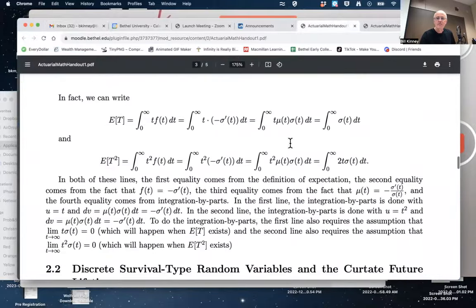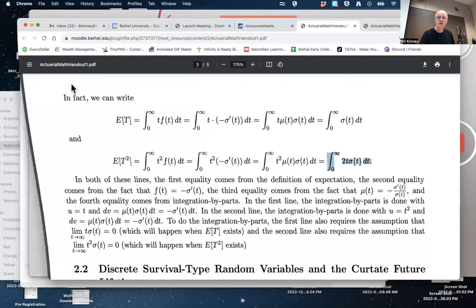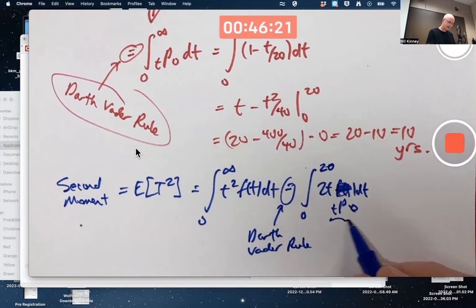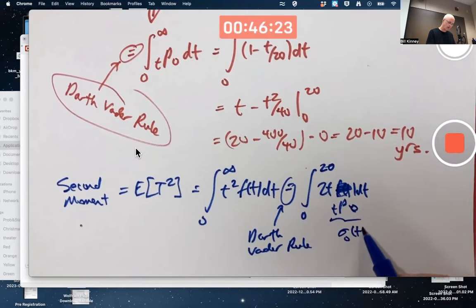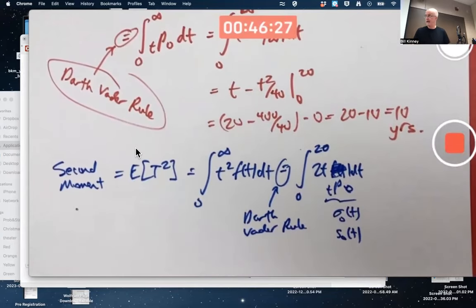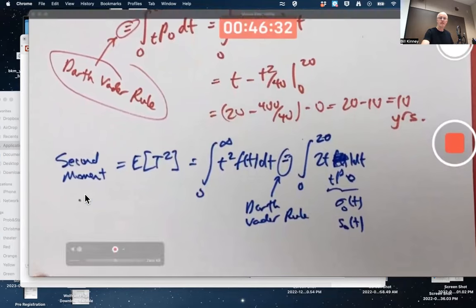Looking at the handout. Yeah, there it is right there. I'm using the sigma notation there in the handout. Okay. But again, tp0 is the same as sigma sub 0 of t or S sub 0 of t. I don't use the 0 subscripts in the handout either, but I'm purposely doing it now.